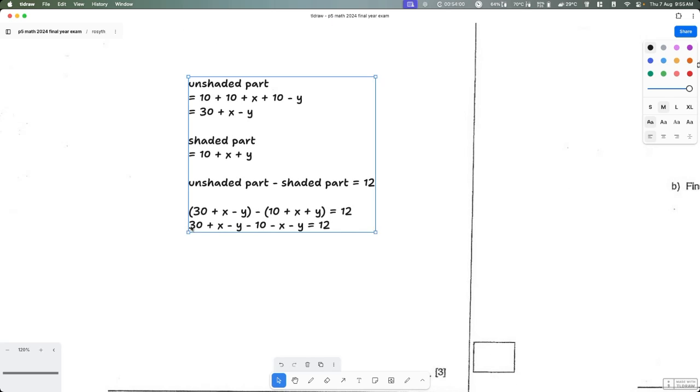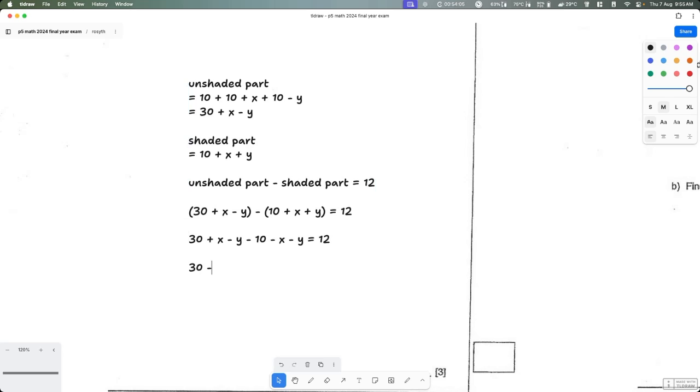So what I'm going to do is group them. From here you have 30 minus 10, plus x minus x, minus y minus y equal to 12. So 30 minus 10 is 20. x minus x is 0. And then minus y minus y is minus 2y, so 20 minus 2y equal to 12.